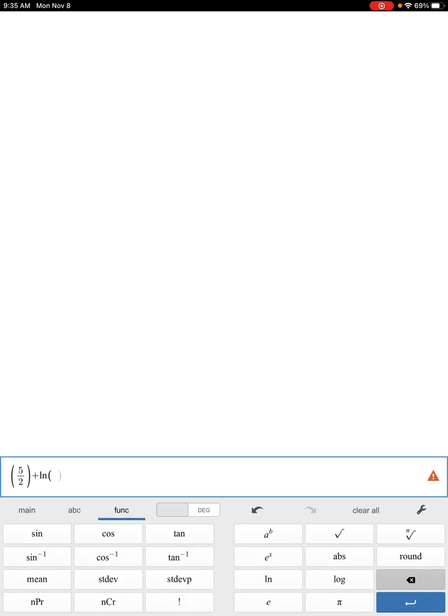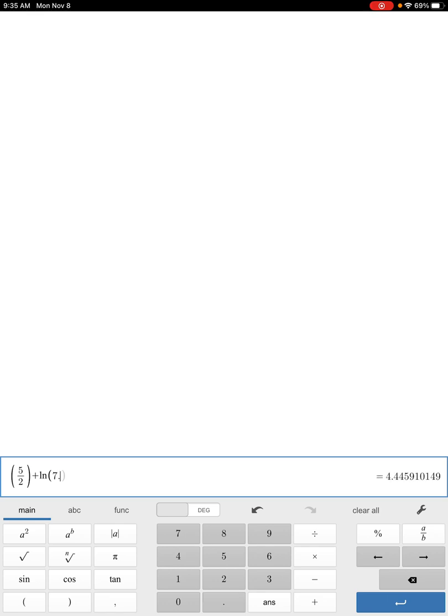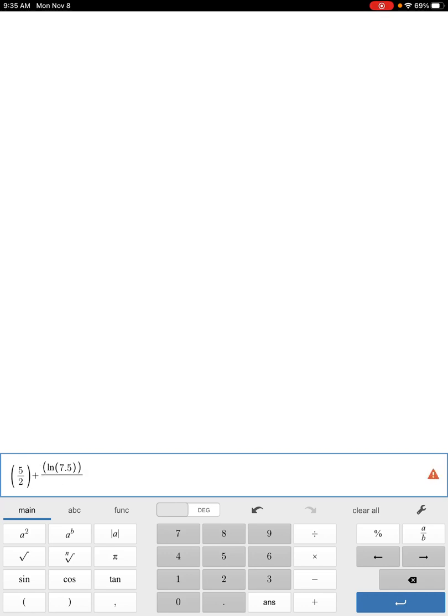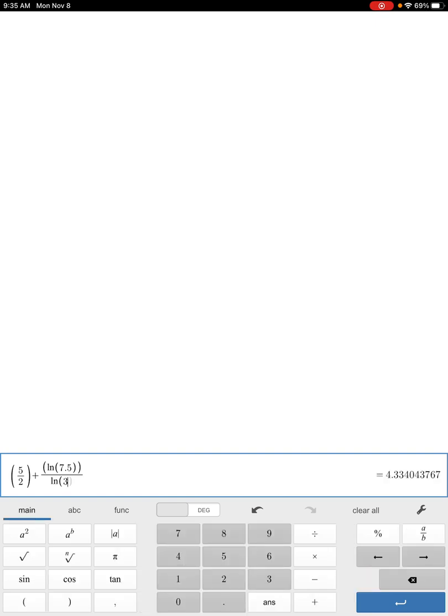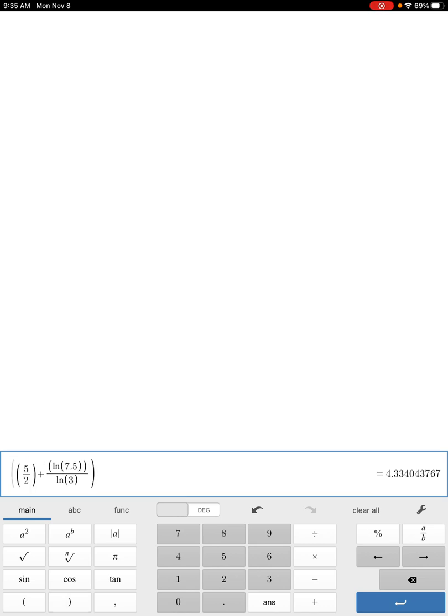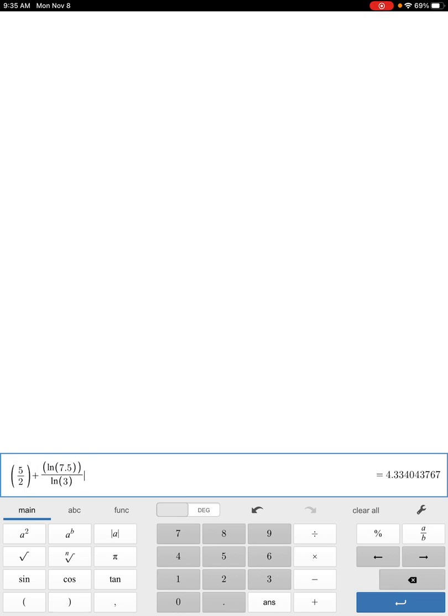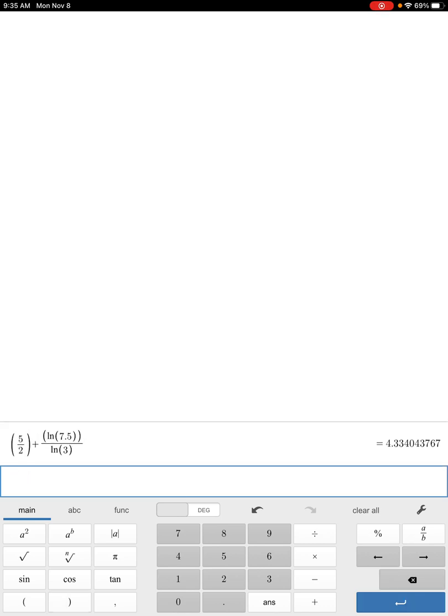So function, I'm going to say the natural log of 7.5. We've got to use parentheses here. Divided by the natural log of 3. Okay, that should be good.